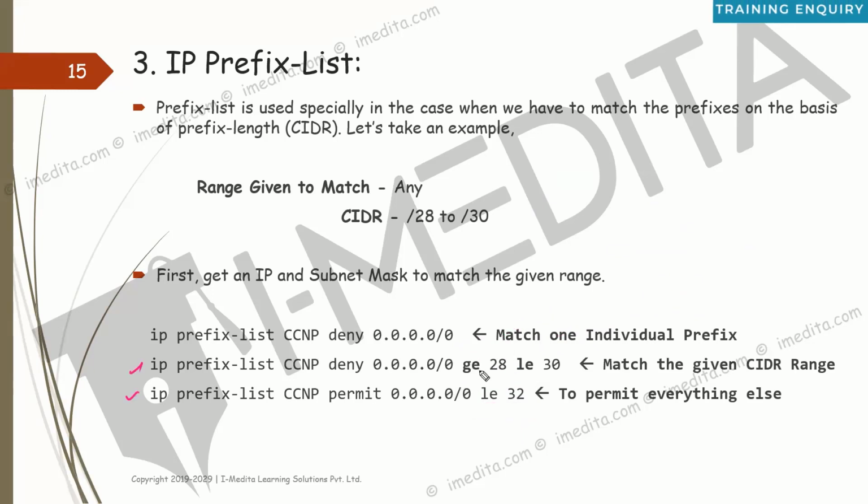Now, if you have specified neither greater than equal to nor less than equal to, in that case the prefix list is going to match this prefix as it is. It is not considered as a range.